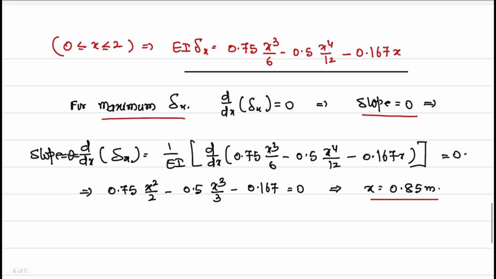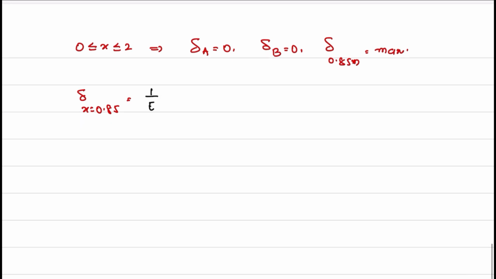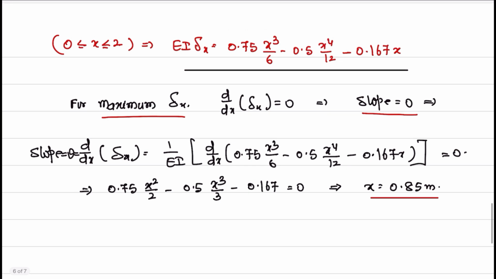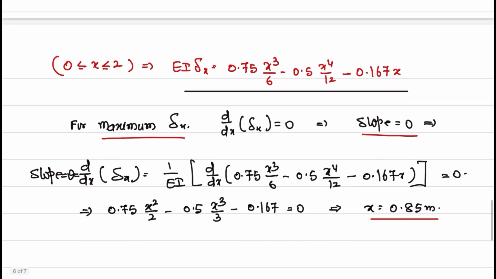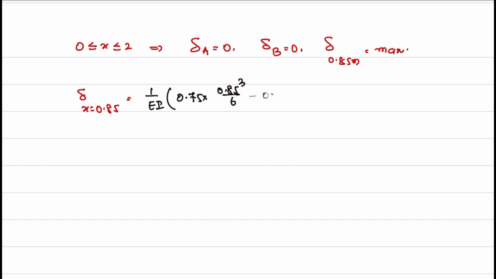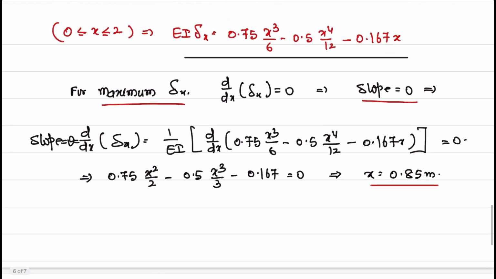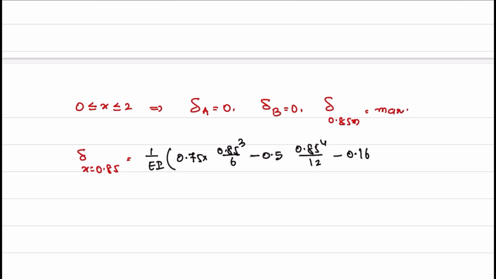You put x as 0.85 in the above equation: 1 by EI into 0.75 into 0.85 cube by 6 minus 0.5 into 0.85 to the power of 4 by 12 minus 0.167 into x, that is 0.85.